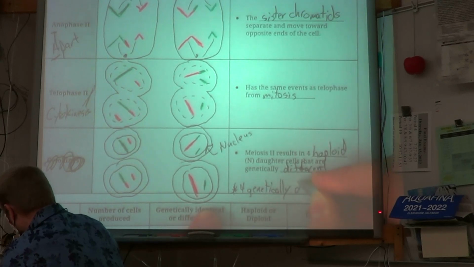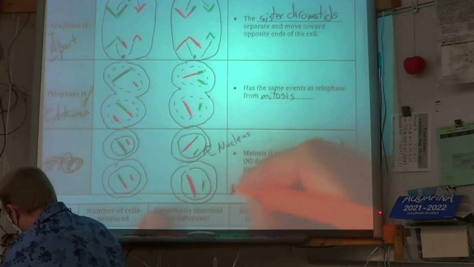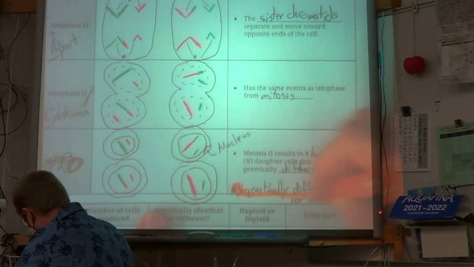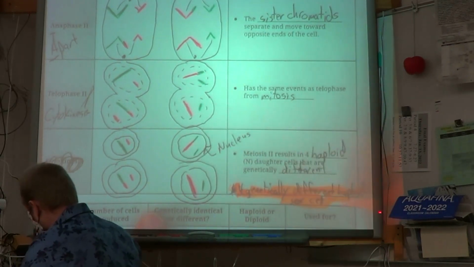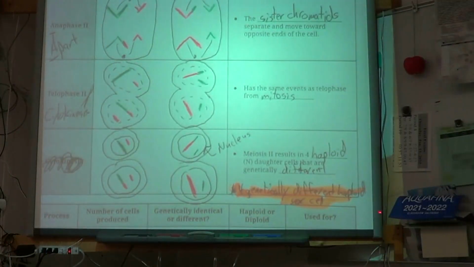In human males producing sperm cells, one diploid cell will produce four genetically different haploid cells, sex cells, which are sperm cells.